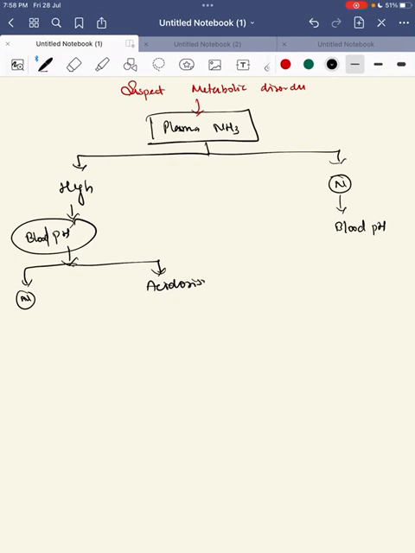So in a child with hyperammonemia, that is high ammonia with a normal pH, it can be due to urea cycle disorder or urea cycle defect. When the child has high plasma ammonia with acidosis, next you have to look for ketosis.